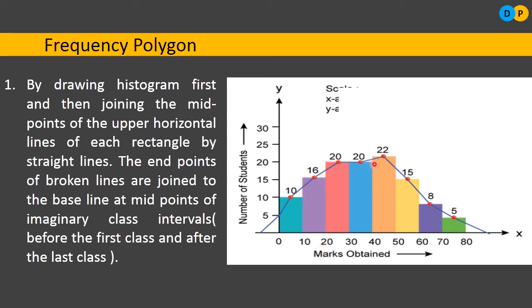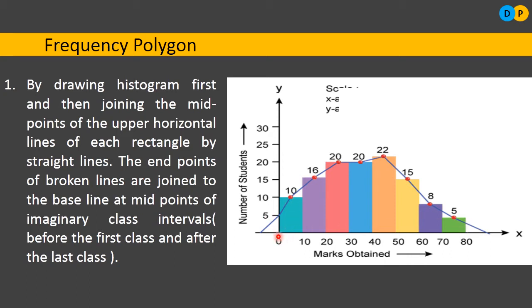After plotting the histogram, the midpoints of the upper horizontal lines of the rectangles, not the bottom ones, are first marked. After marking them, these points are joined by line segments.